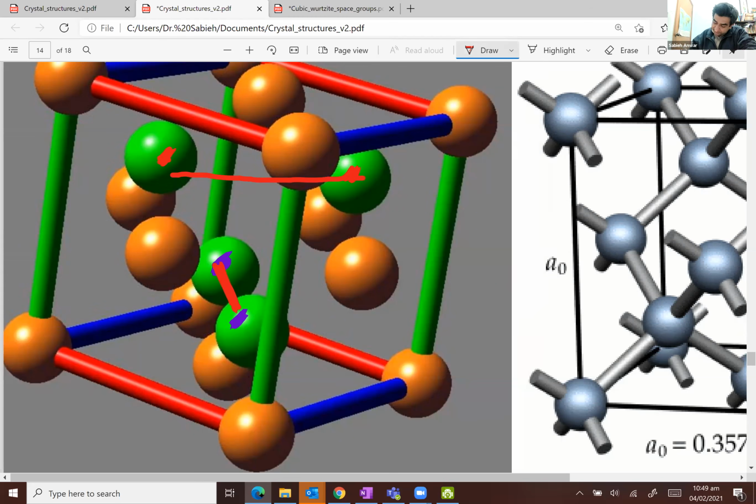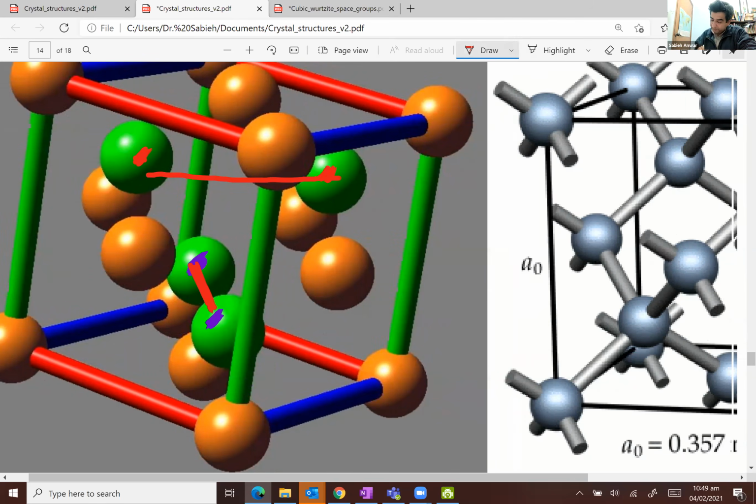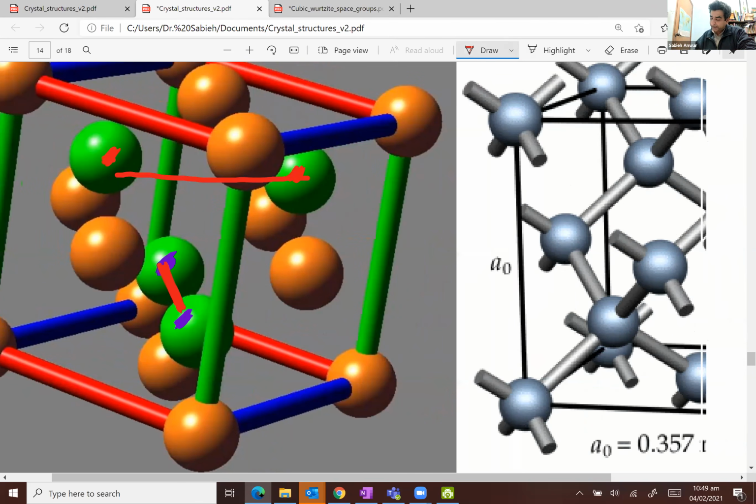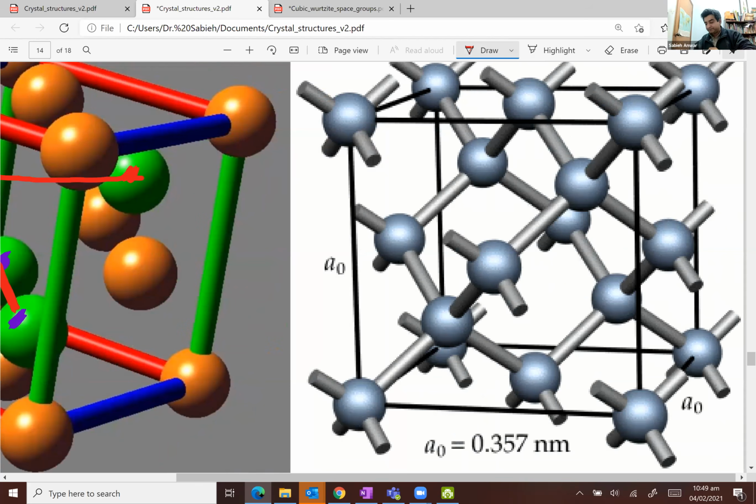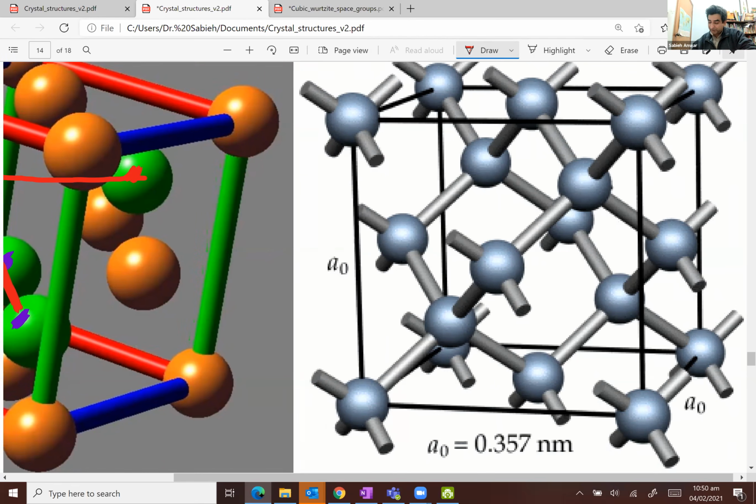Another way to look at this structure is by a ball and stick model, in which you just draw the covalent bonds between the carbon atoms. And you will find that each carbon atom is tetrahedrally connected with 4 neighboring carbon atoms. Okay, so this is the Fd3 bar m structure for diamond.